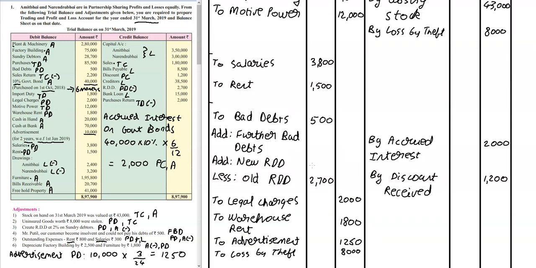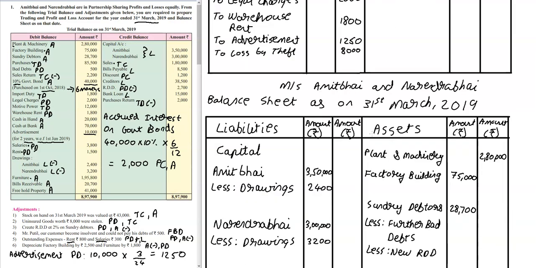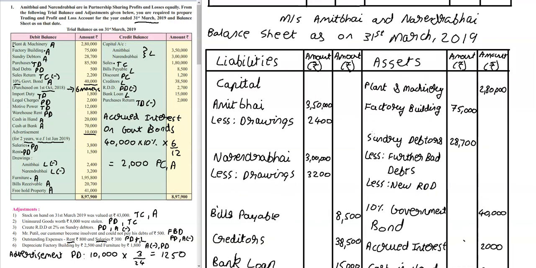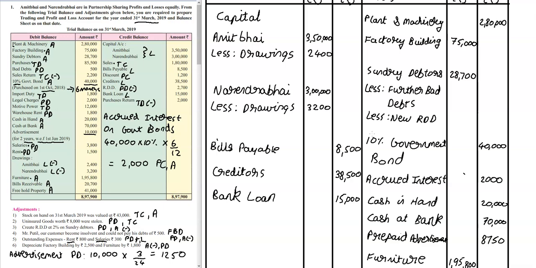So we have further bad debts corresponding to 500. So further bad debts over here 500, and go down to the balance sheet, and we have an entry for further bad debts here as well. So again 500.